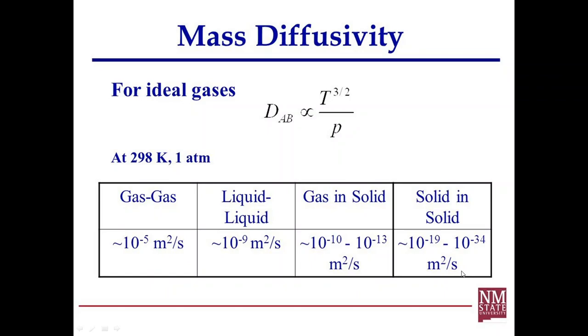So from this picture, we should have an approach for the separation. I will get a higher flux if my diffusivity is high, and if I get a higher flux, then my separation will be easy. So I will have a tendency to bring the component into gas.